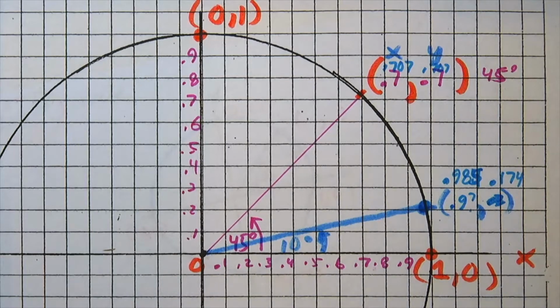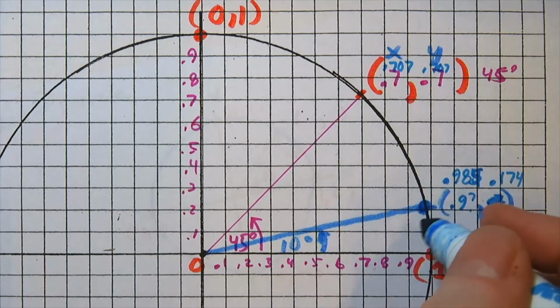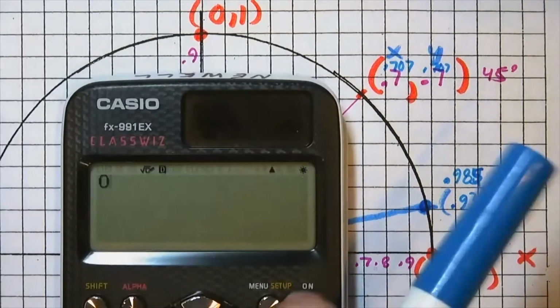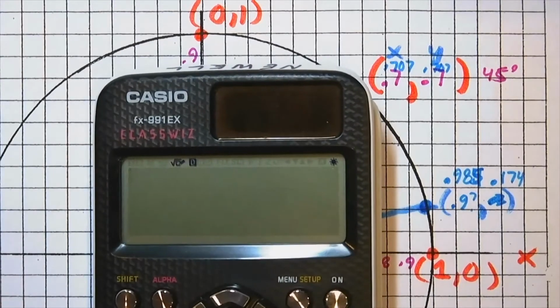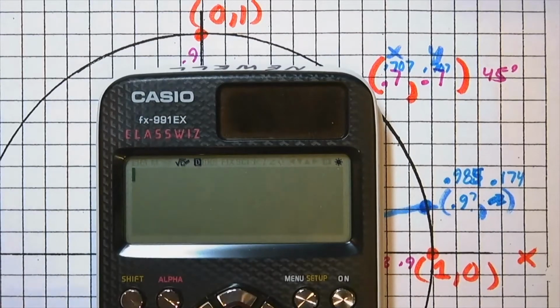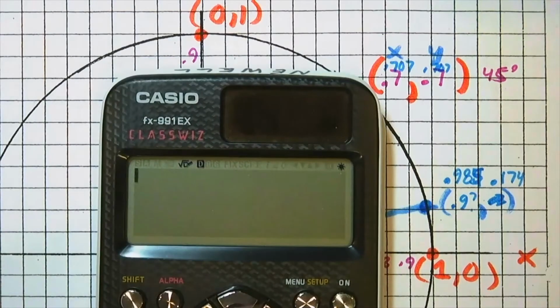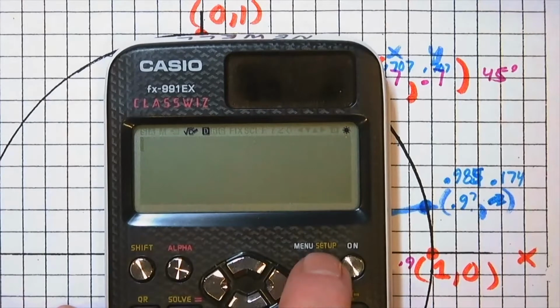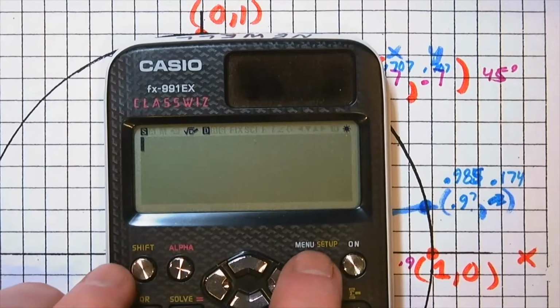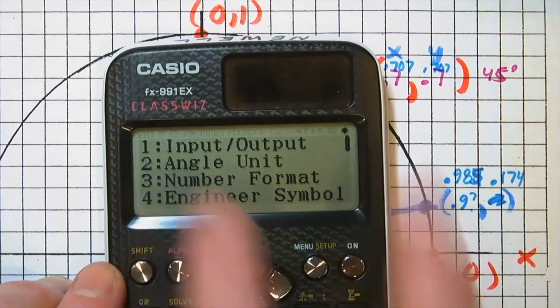Oh, and let me go ahead and mention something on this. To get the calculator to work, you have to make sure it says D up here for degree. Now, how do you do that? Different calculators are different. On this calculator, see where it says setup: shift, setup, angle unit.